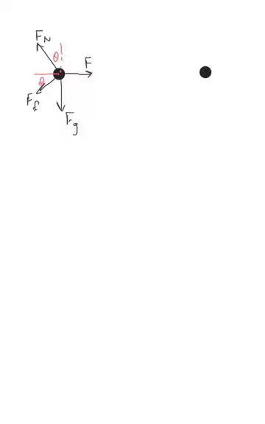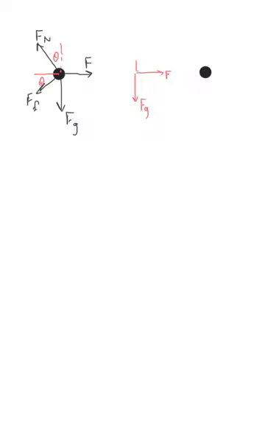When I redraw the free body diagram, I have the horizontal applied force, the downward gravitational force, I have the normal force, which is directed both up and to the left.